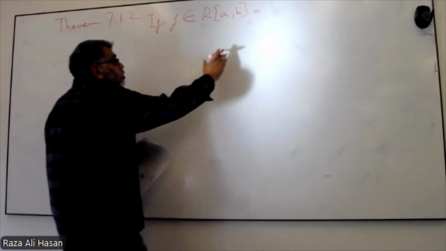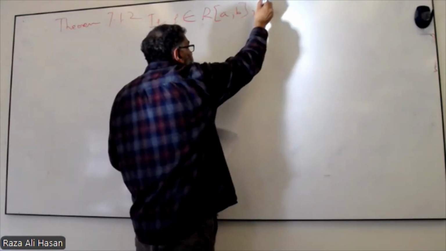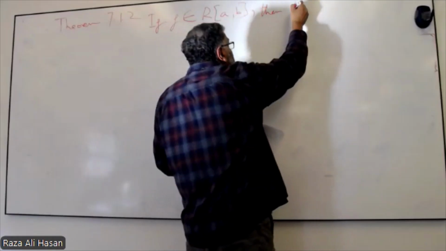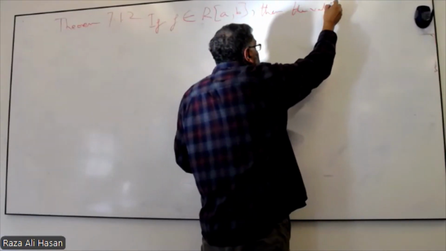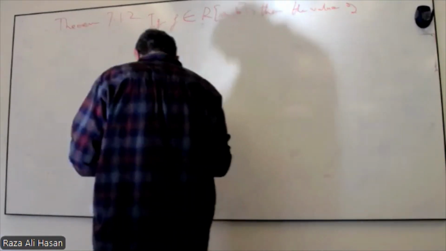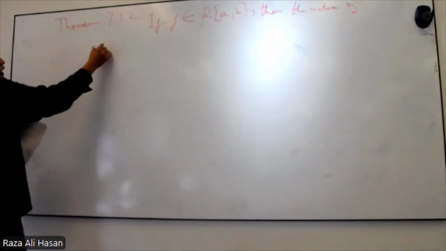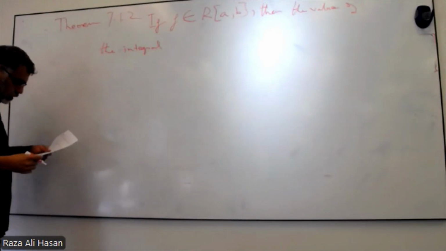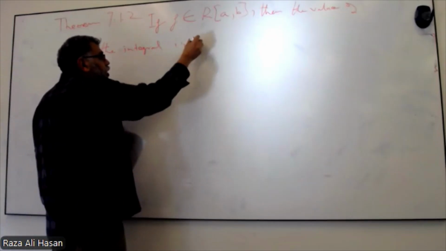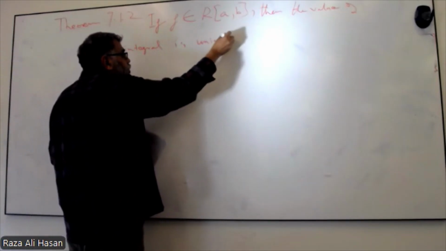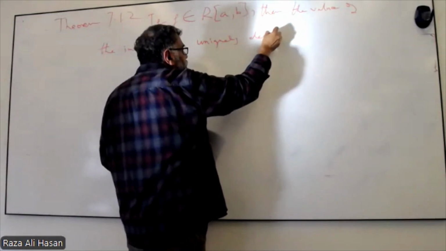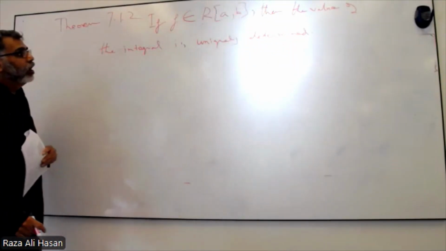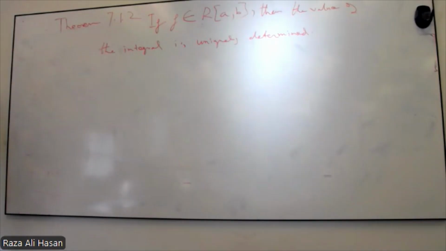Then, if this is the case, then the theorem says the value of the integral is unique, or as the book says, uniquely determined. So this is all we get in the theorem.